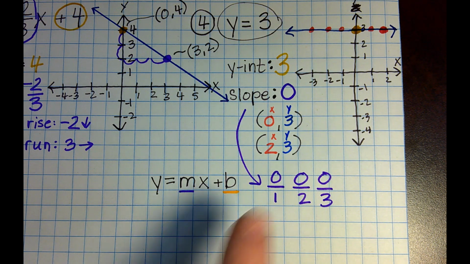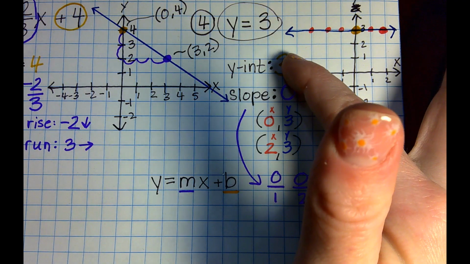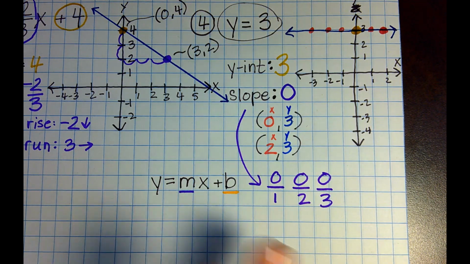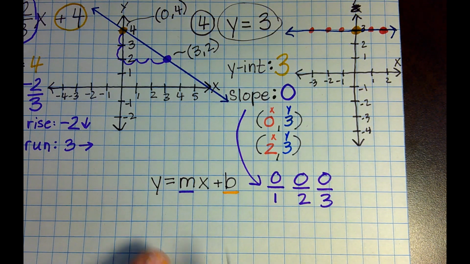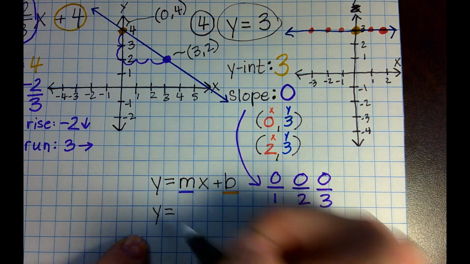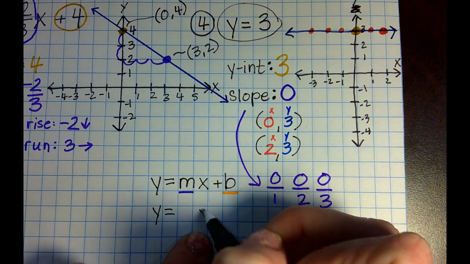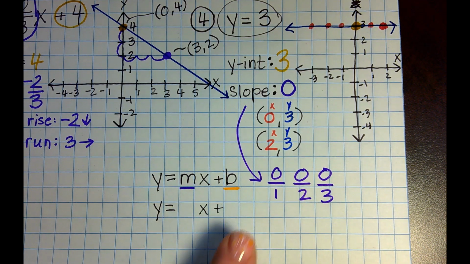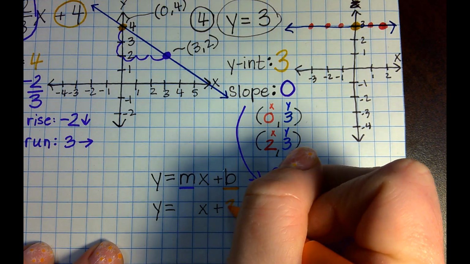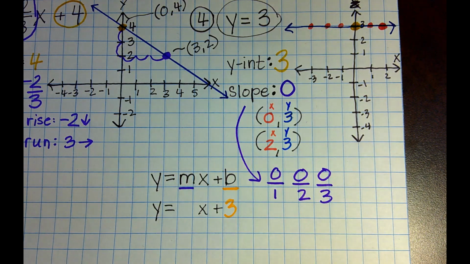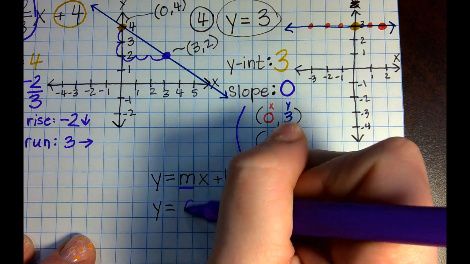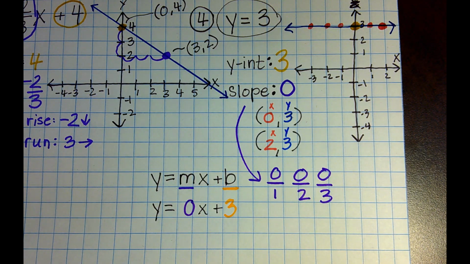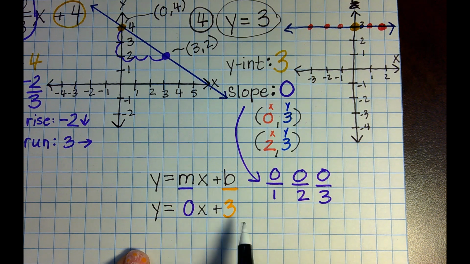So how about we plug in our y-intercept and our slope into this equation? So I'm going to write y equals something x plus something. What is my y-intercept for this equation? What did we say it was? 3. So plus 3. And what did we say the slope was for this equation? 0. Okay, so here's the actual equation. Y equals 0x plus 3.